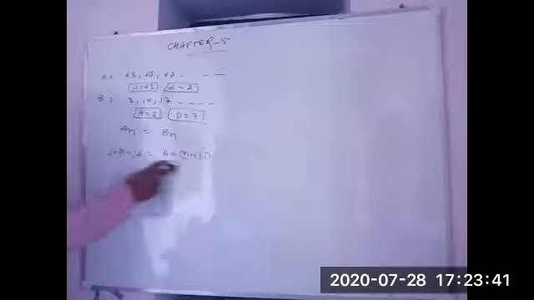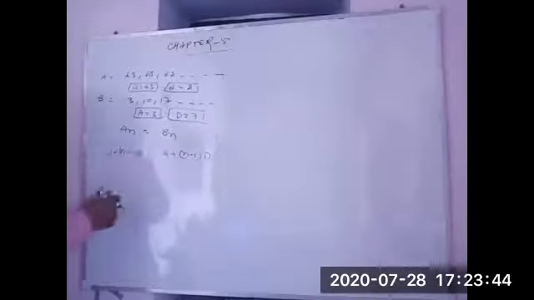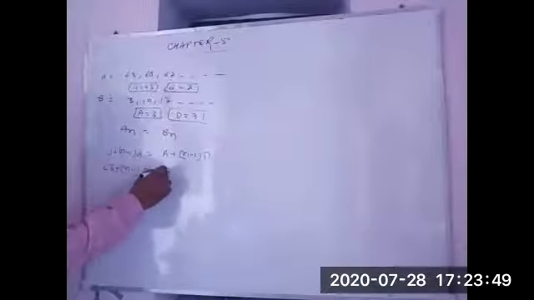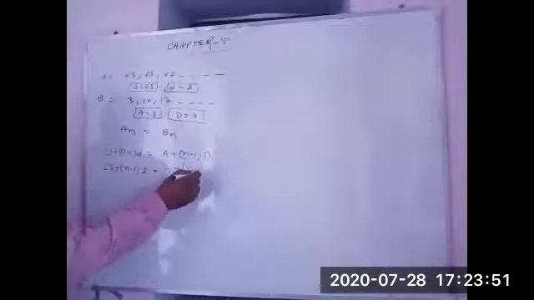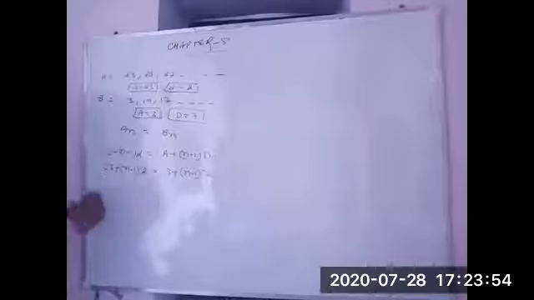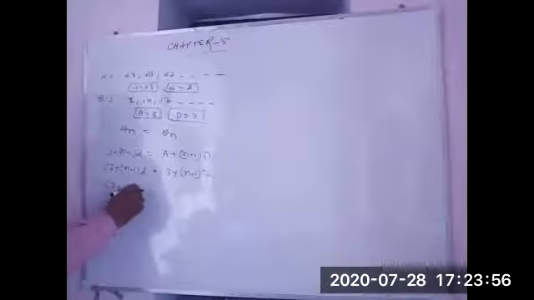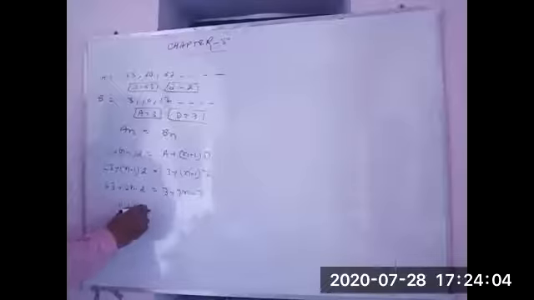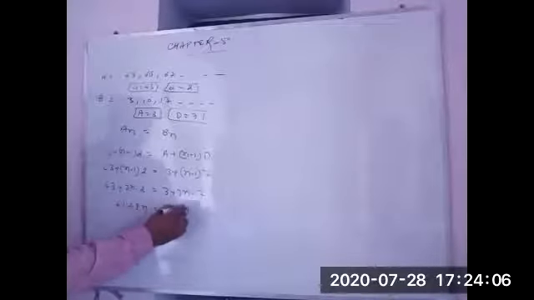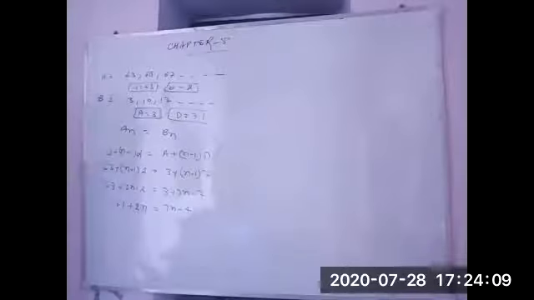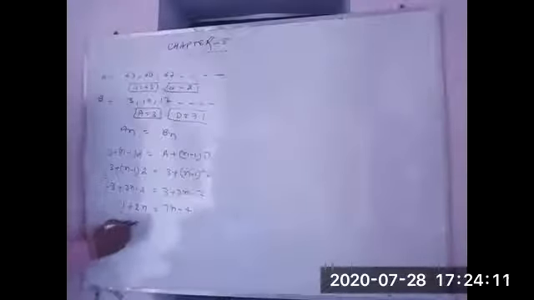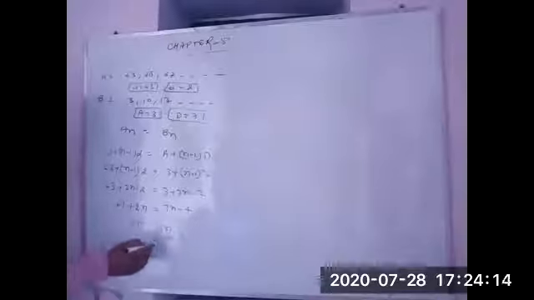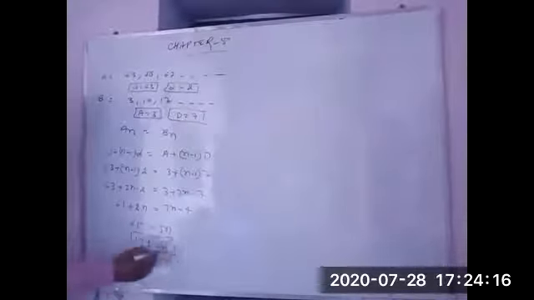I have made the changes here, small and capital. 63 plus n minus 1 into 2, equals 3 plus n minus 1 into 7. 63 plus 2n minus 2, equals 3 plus 7n minus 7. 61 plus 2n equals 7n minus 4. 4 will come in the addition, 65 equals 5n, n will be equal to 13.